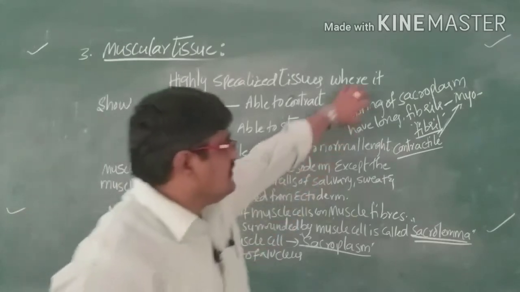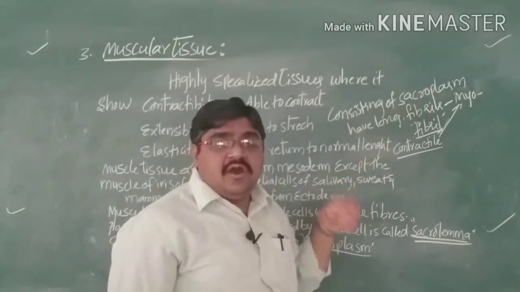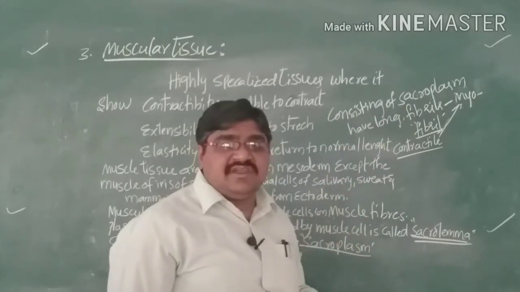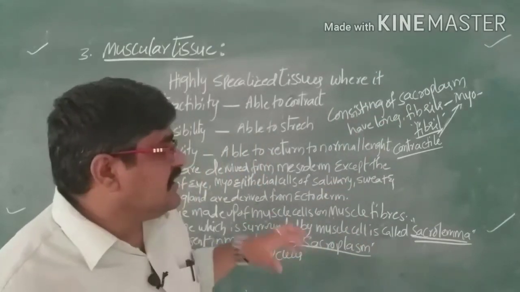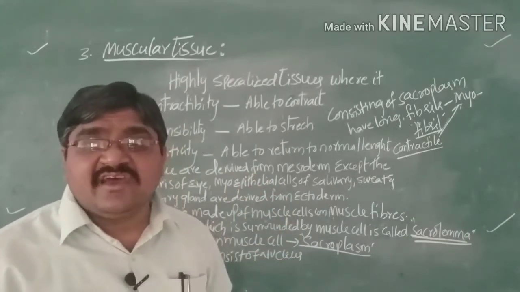The sarcoplasm consists of one or many nuclei, and also long contractile fibrils, which we can call myofibrils.